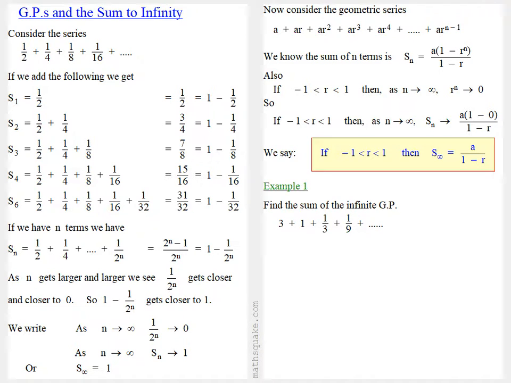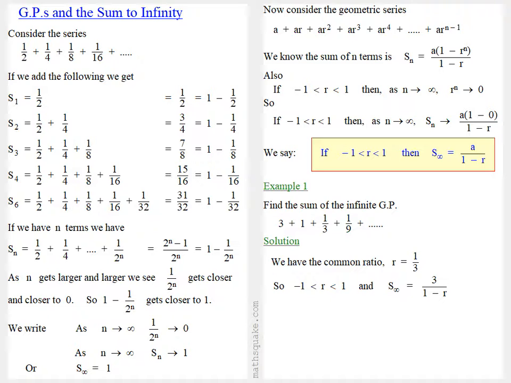Let's look at an example. Suppose we've got the geometric progression 3 plus 1 plus a third plus a ninth and so on going on forever. Now if we want to find the sum of all the terms, we have the common ratio is a third. So we know r is a third, it lies between minus 1 and 1. We also have the first term is 3. So the sum to infinity is equal to the first term 3 over 1 minus r.